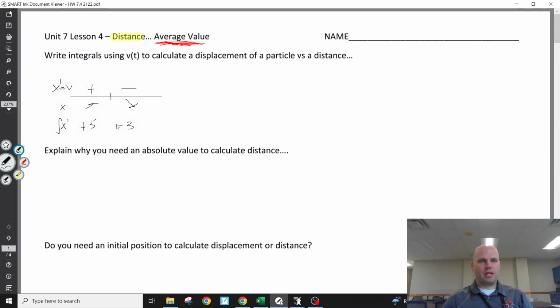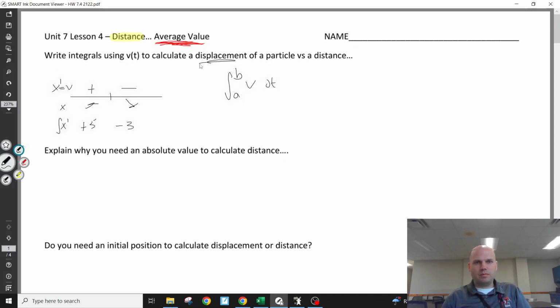The displacement is the combination of your individual displacements combined, where I went to the right 5, I increased my position by 5, but then I decreased my position by 3. I ended up 2 away from where I started. So that's just combining all of my velocities over my time interval A to B.